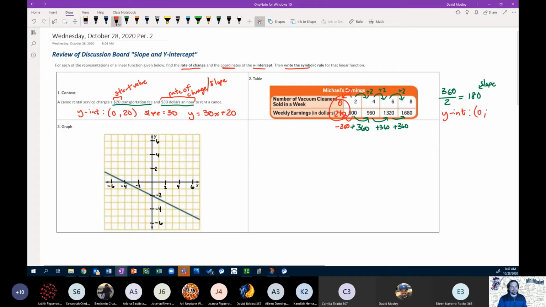It would be at 0, 240. That then gives us the rule, y equals 180x plus 240. Any questions on the second one?